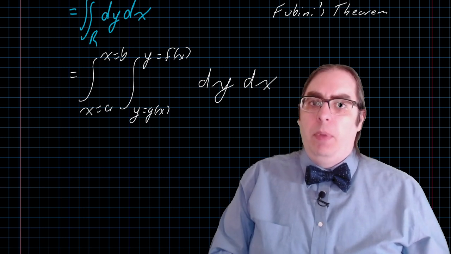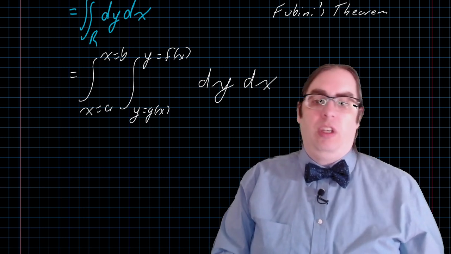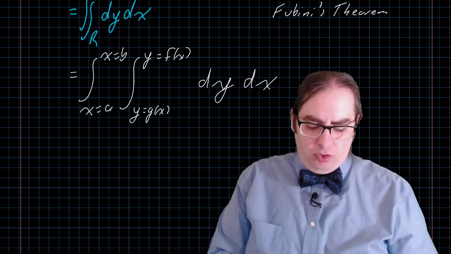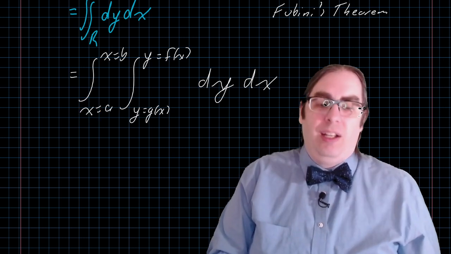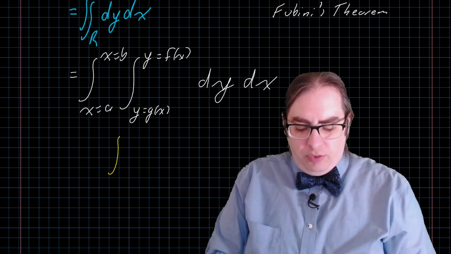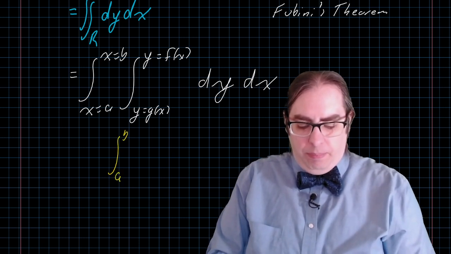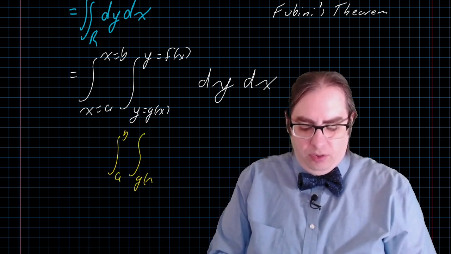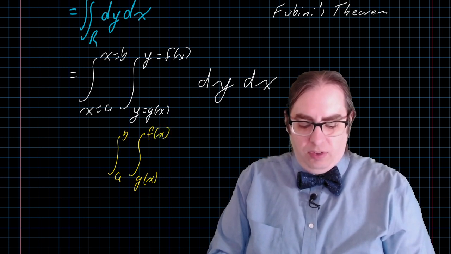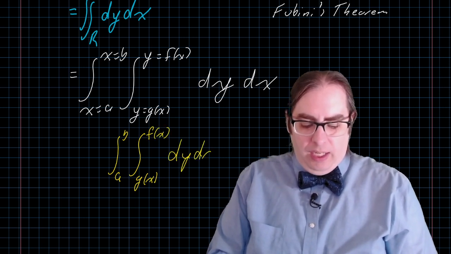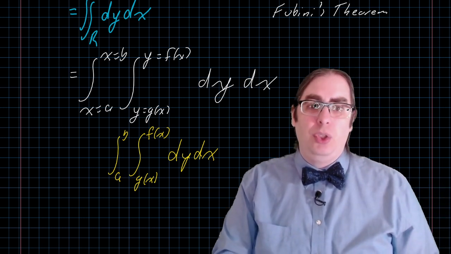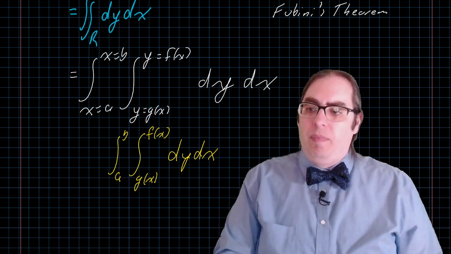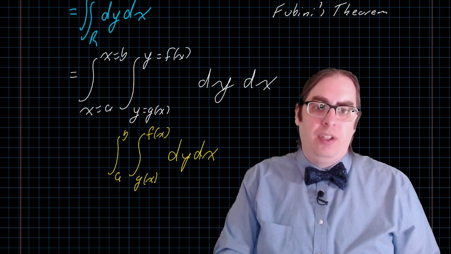But most mathematicians, and especially most physicists and engineers, say that writing x equals and y equals is entirely too much work. So you would instead see this written as the integral from a to b, the integral from g of x to f of x, dy dx. And if you want to write it that way, I actually encourage you to do so. That is the more conventional standard.